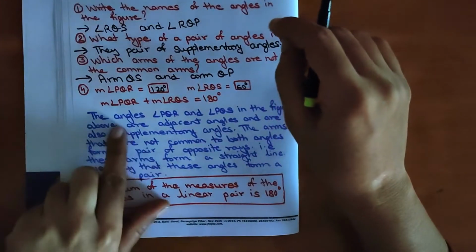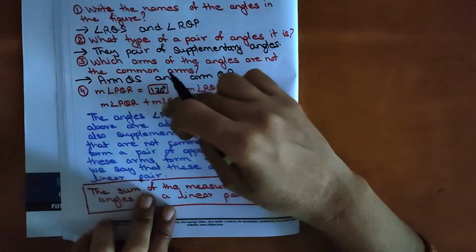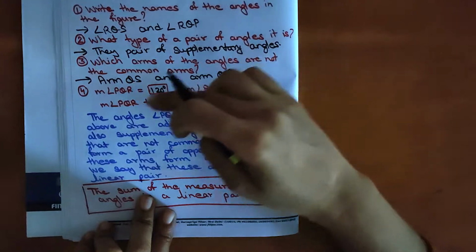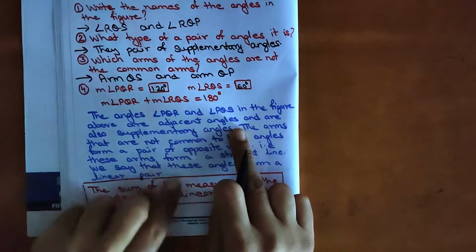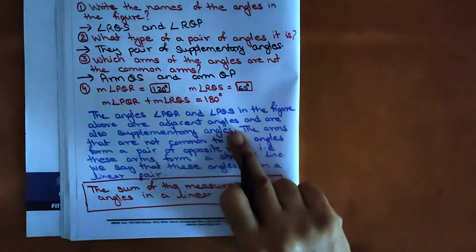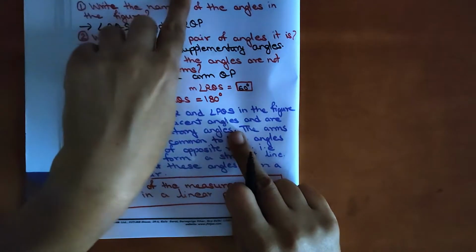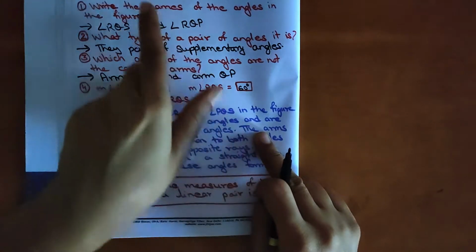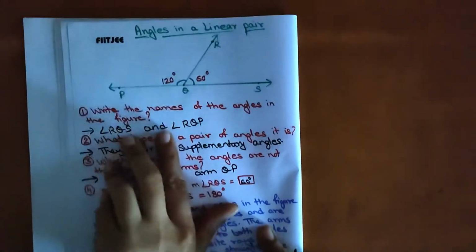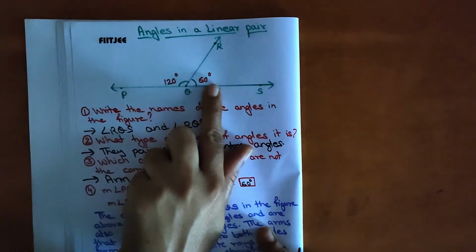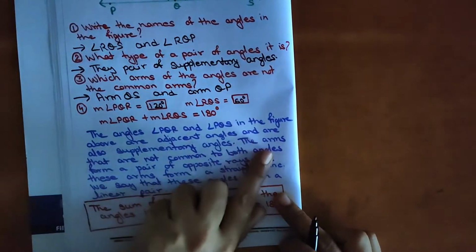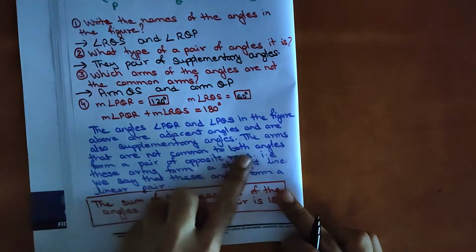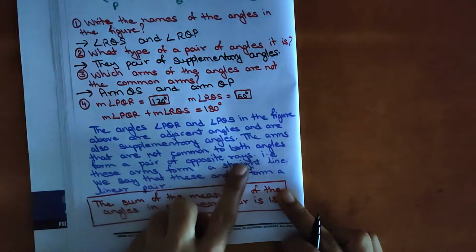Now the definition is given: the angles, angle PQR and angle PQS in the figure above are adjacent angles. Adjacent angles means having a common arm and common vertex. Okay. And are also supplementary angles. If you measure it, you will get 180 degree. So they are supplementary. The arms that are not common to both angles form a pair of opposite rays.